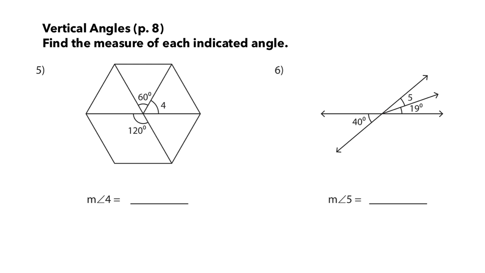All right, guys. Okay, on number 5, our two intersecting lines, ladies and gentlemen. Those are the two vertical lines. Now, we can make a lot of assumptions, and we could probably prove our assumptions to be right, but right now we don't want to do that.